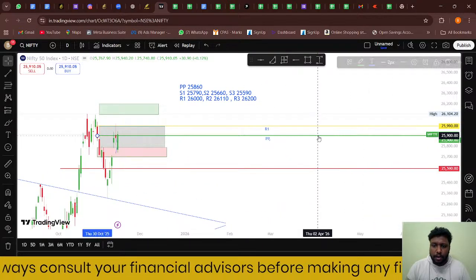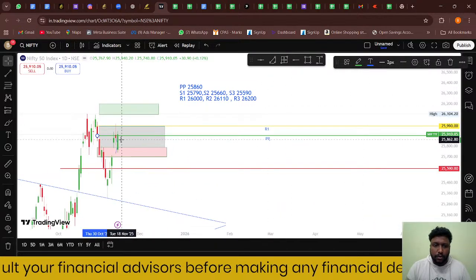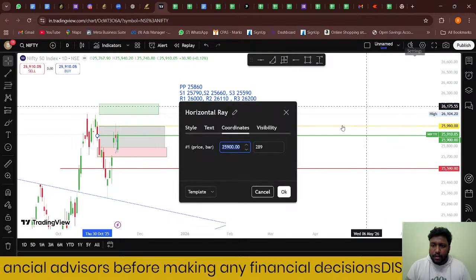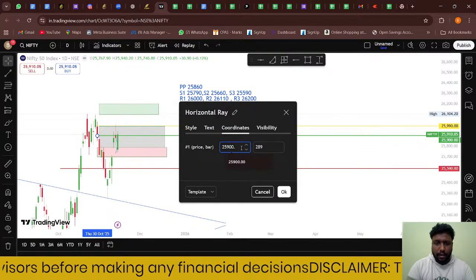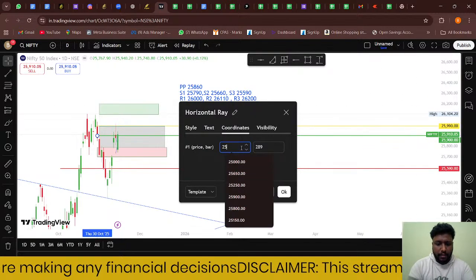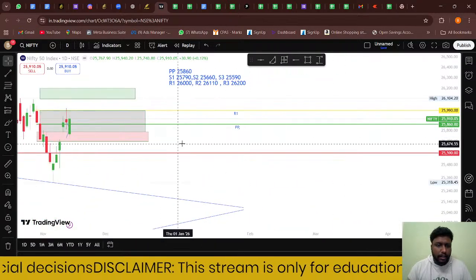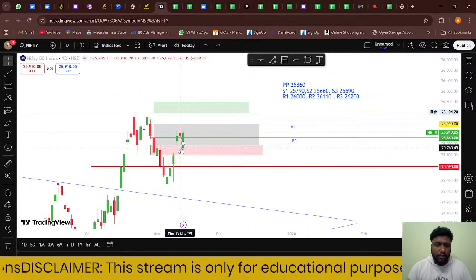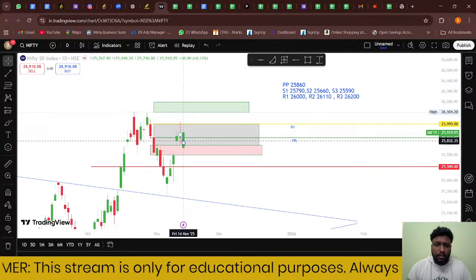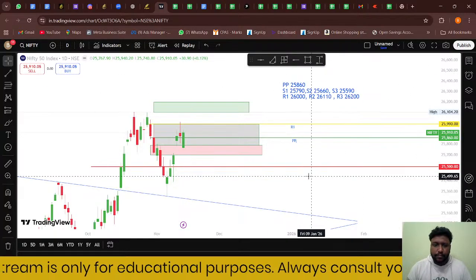So we will zone this out. We will quickly mark the pivot line. We will see where it is closing now. 25,860 will be the pivot line, and you can clearly see that it is trading above. So the market closed above today's pivot line.